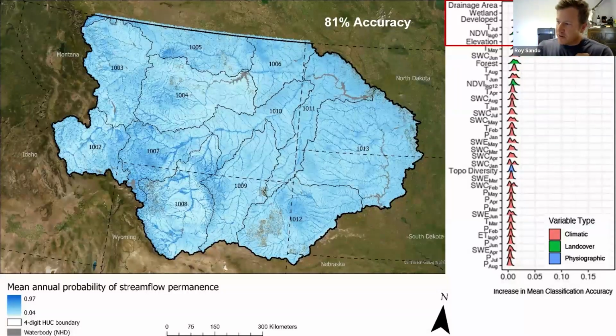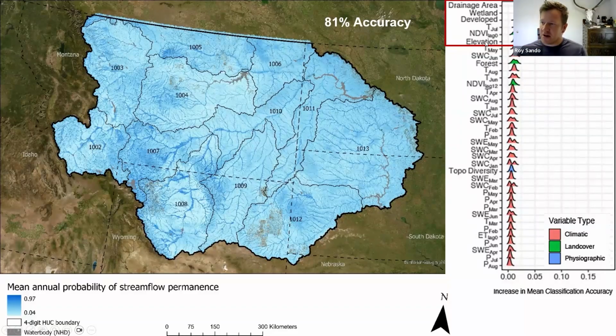So here are the results of our Upper Missouri modeling effort, and things to note here. Drainage area, which I alluded to before, is the most important variable, followed by wetlands and developed area, and then finally temperature, that NDVI variable, and elevation.